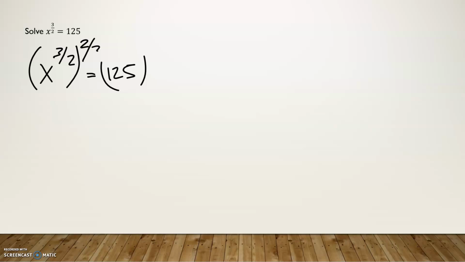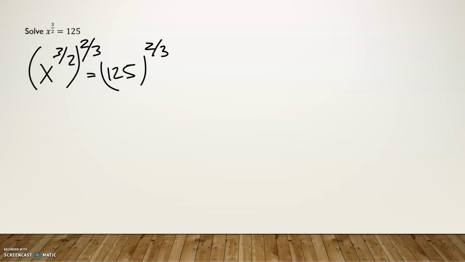So let's take a look at this one. We're going to take x raised to 3 over 2 equal to 125. To both of these sides, I'm going to flip the rational exponent, which is the 3 over 2. I'm going to make it 2 over 3 and do this to both sides.